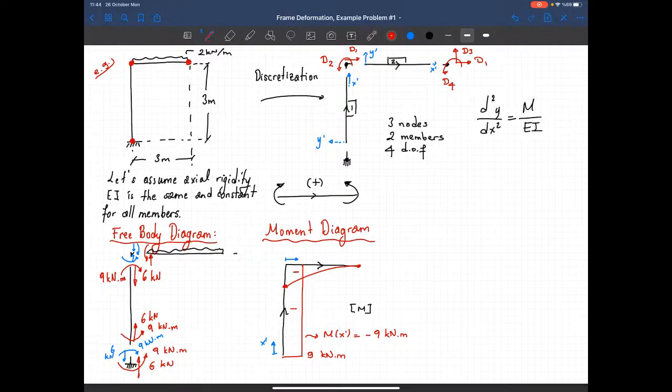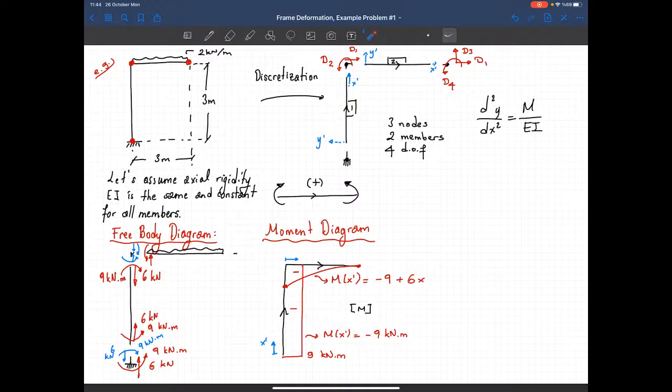And in this one, M of x prime is equal to, so when x is equal to 0, the moment should be -9, so I have -9. The shear force here should decrease the moment as we move along the x prime axis, so I should have plus 6x.